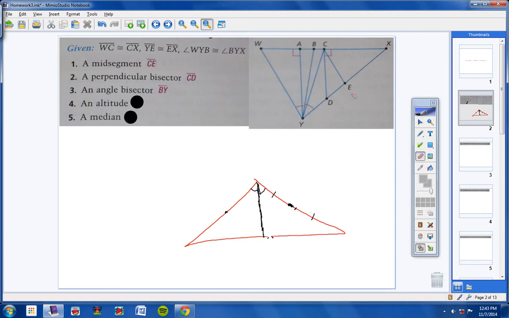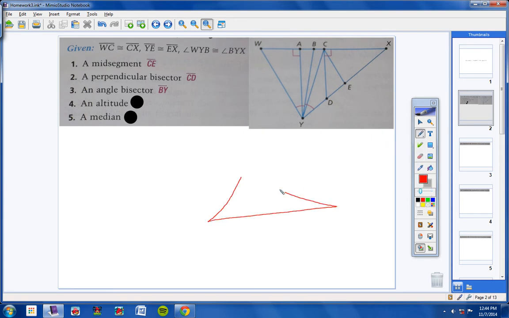Okay, very cool. Moving on, number 4, an altitude. Now, an altitude is a line that comes from a vertex and forms a right angle with the opposite side. Okay, so it would look like this. Let's draw a different triangle, one like this.